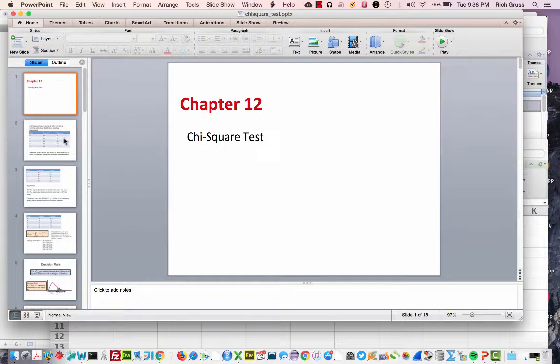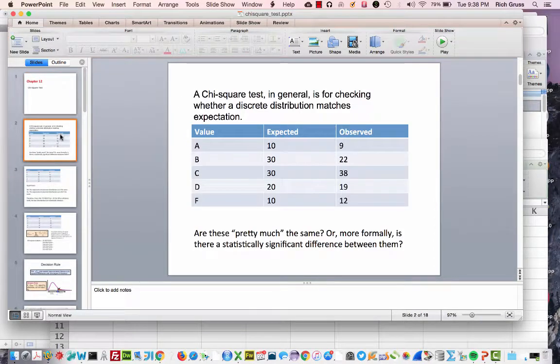I have a slightly revised set of slides here where I'm unpacking a little bit of the original explanation of what a chi-square test is. The basic idea is that you have some kind of discrete distribution.